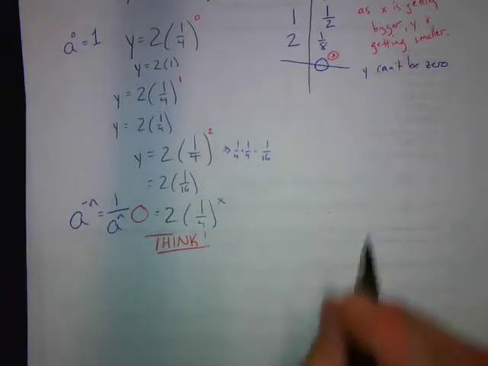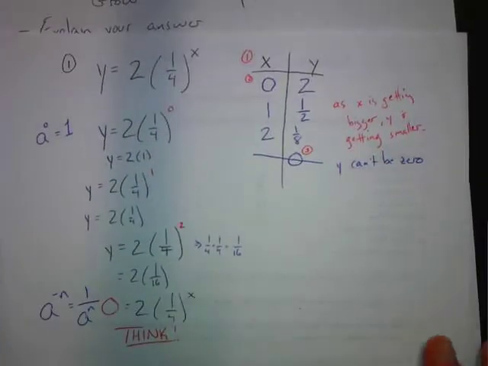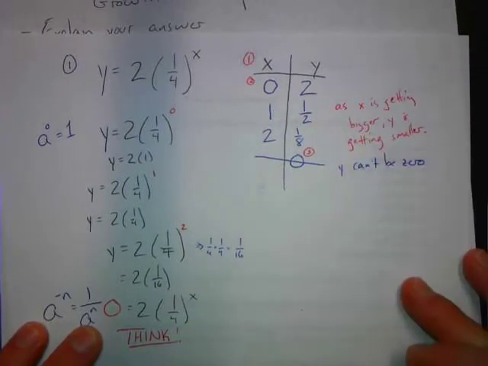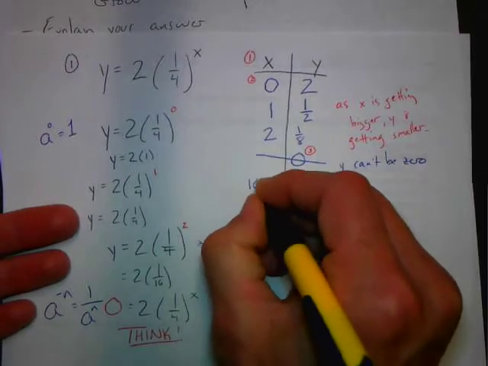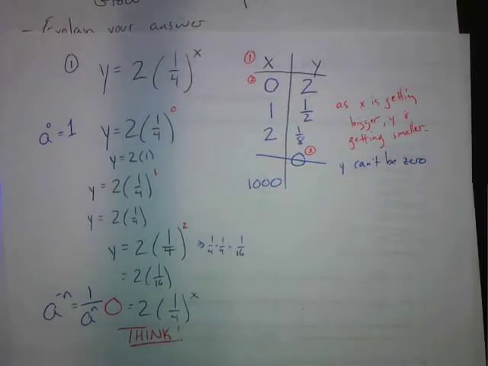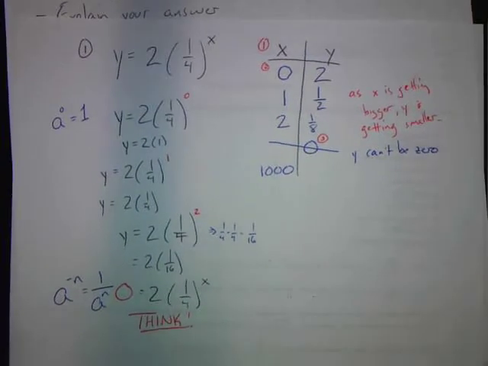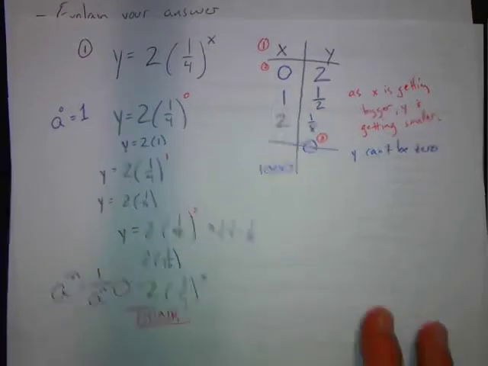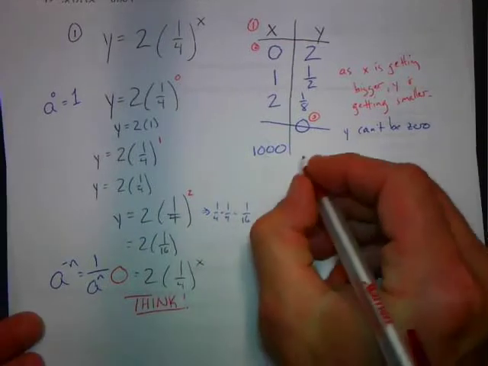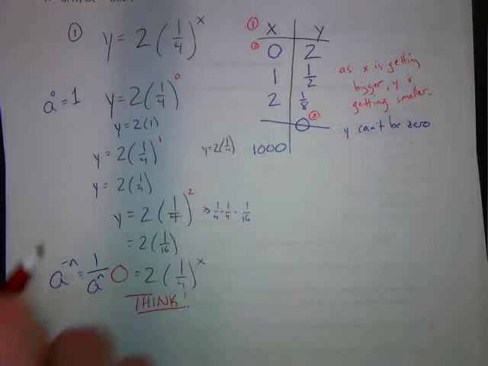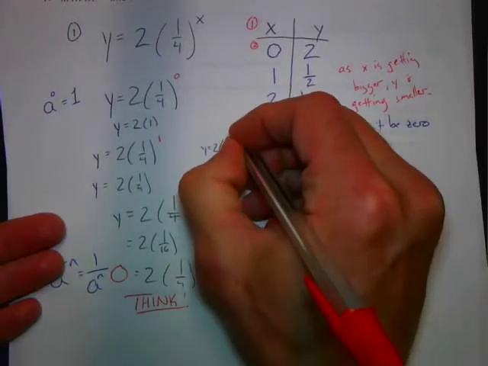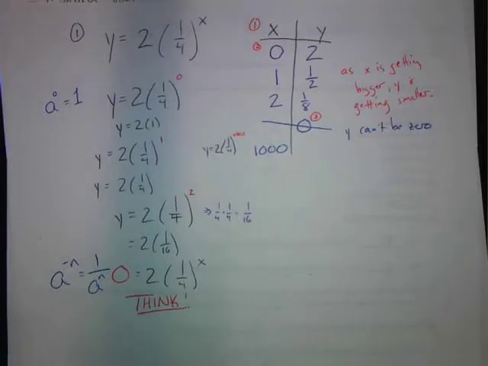And so maybe we're thinking, well, if x keeps getting bigger and y keeps getting smaller, how small can y get? Let's play the what if. What if x was 1,000? Holy cow. We would have y equals 2 times 1/4 to the 1,000th power. Is that going to be a negative number?